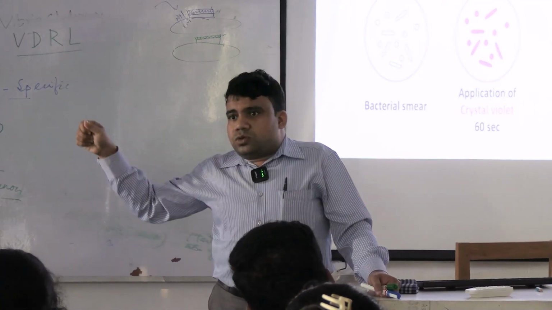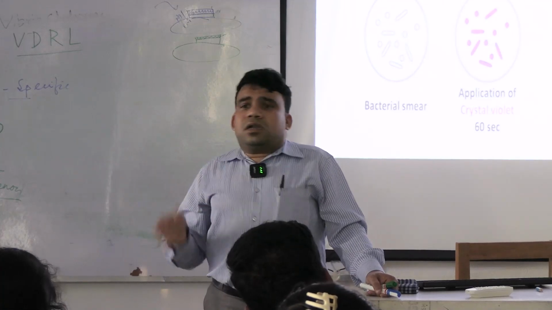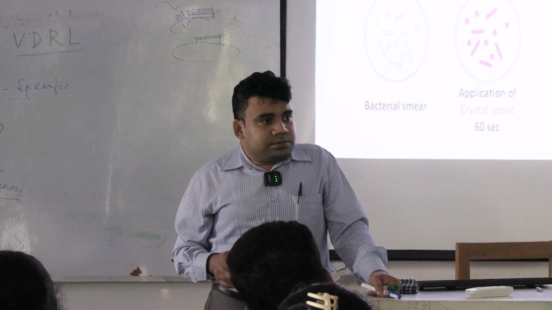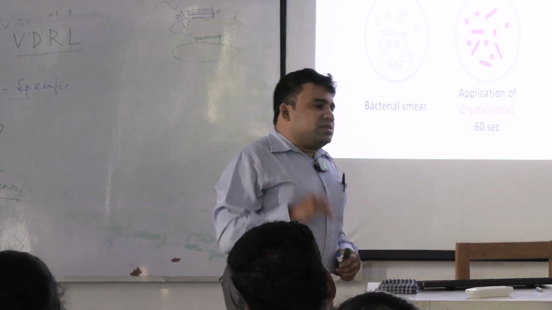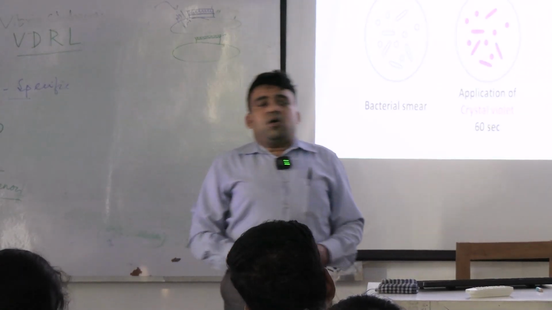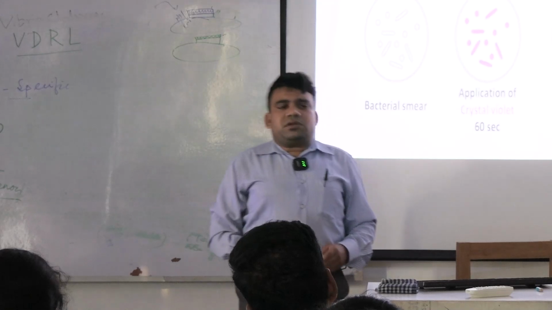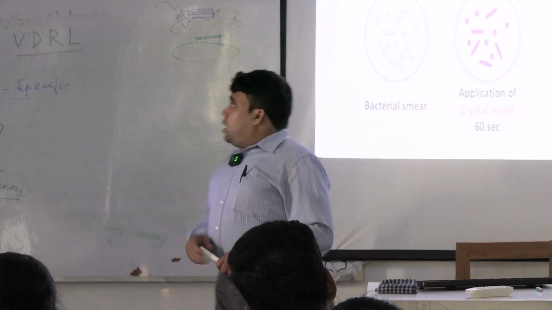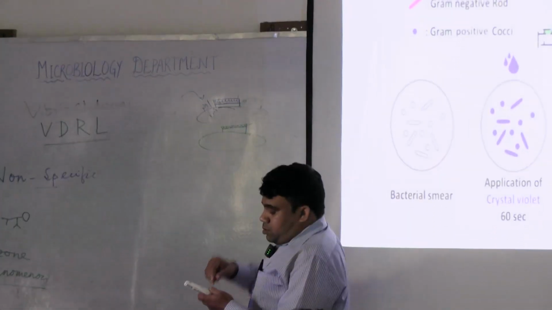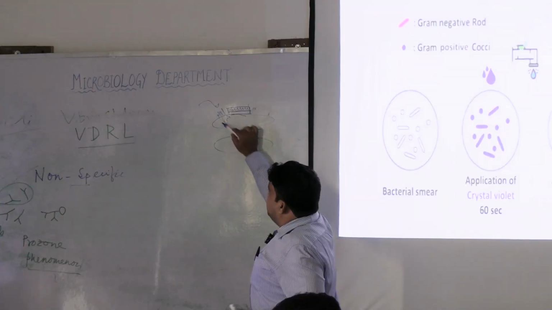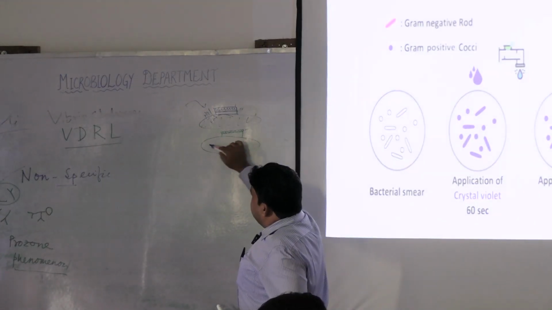So when you wash during routine washing, the color doesn't disappear. But if we read slightly further or try to understand how it exactly occurs, it does not act as a mordant. I'll come to it a little bit later. Okay. Now both the bacteria will be stained, both gram positive and gram negative, right?